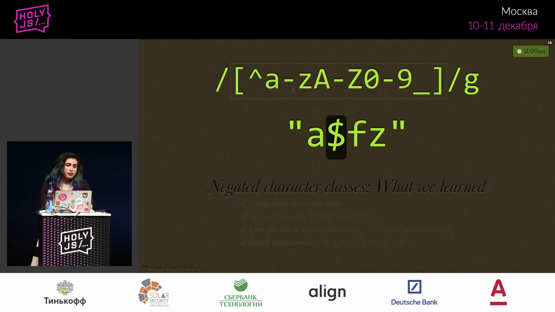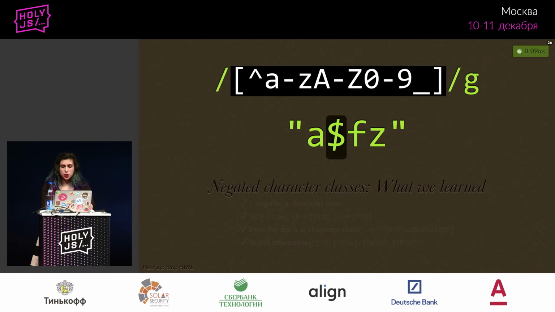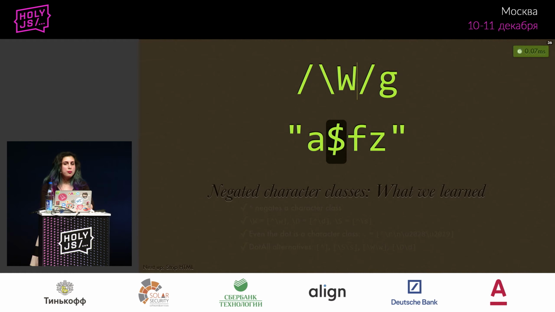And actually, it can get better than this. Notice that this is basically the negated form of the \w character class we saw earlier. So this also has a shortcut, and it's an uppercase W. This is common with all the predefined character classes. Lowercase form is positive, uppercase form is negative.